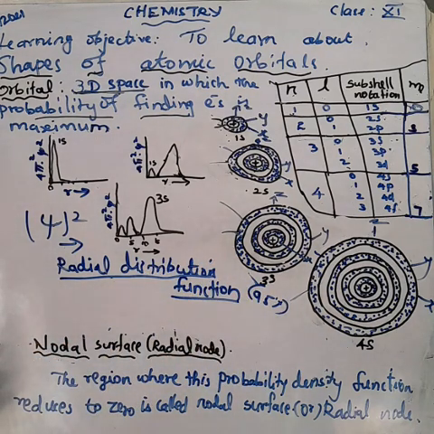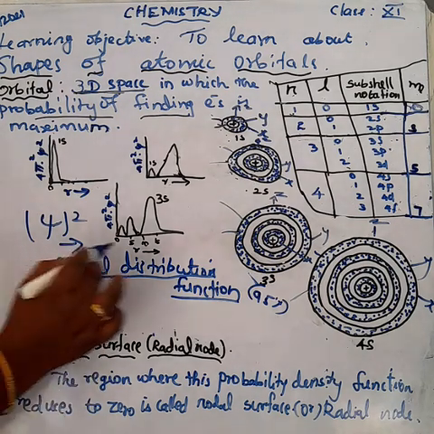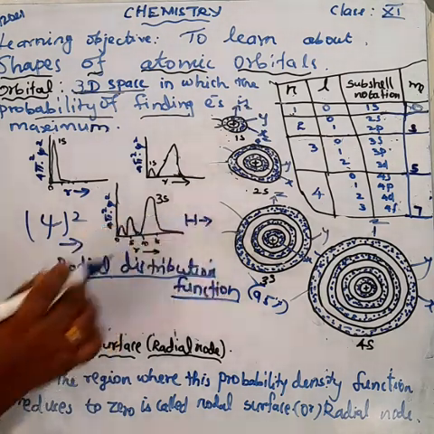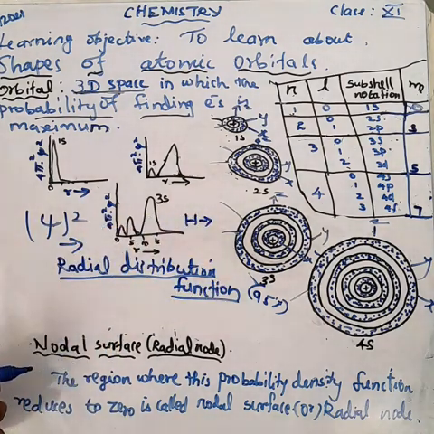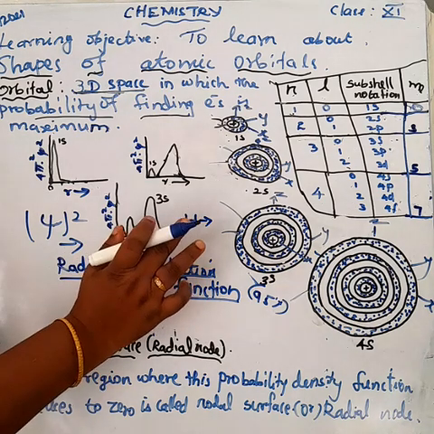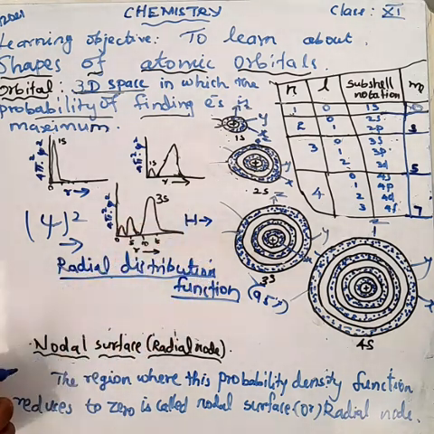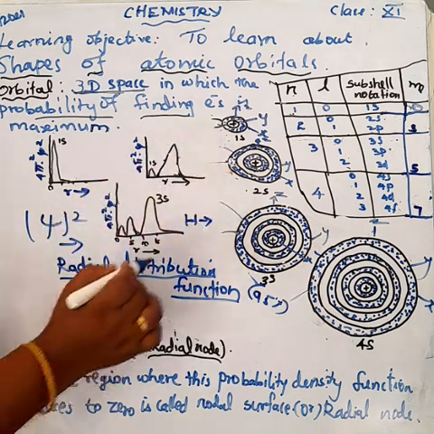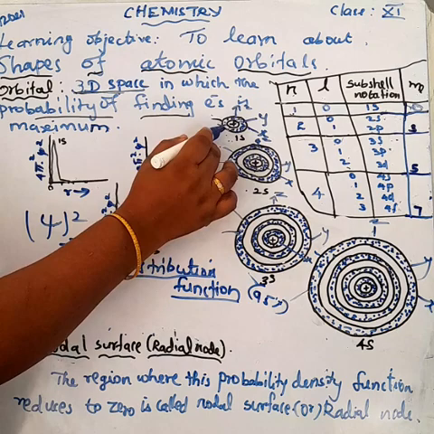Consider a single electron of the hydrogen atom. Here the probability of the electron is maximum. For one s-orbital, do you know how many electrons maximum are in an s-orbital? 2 electrons.